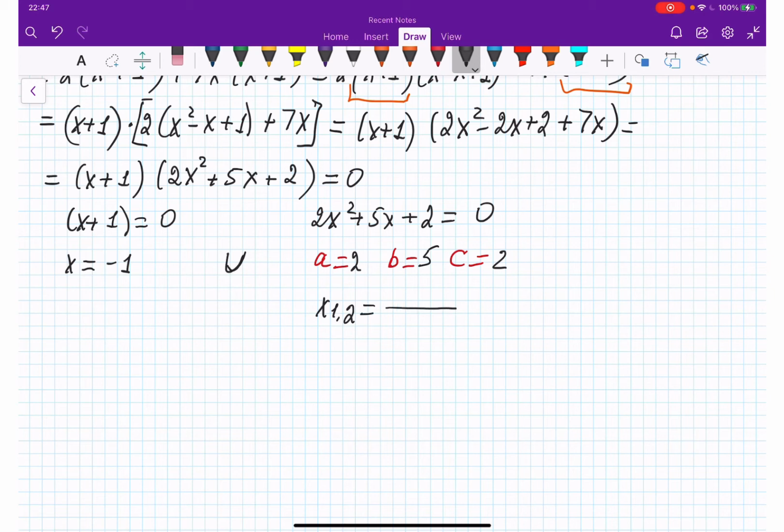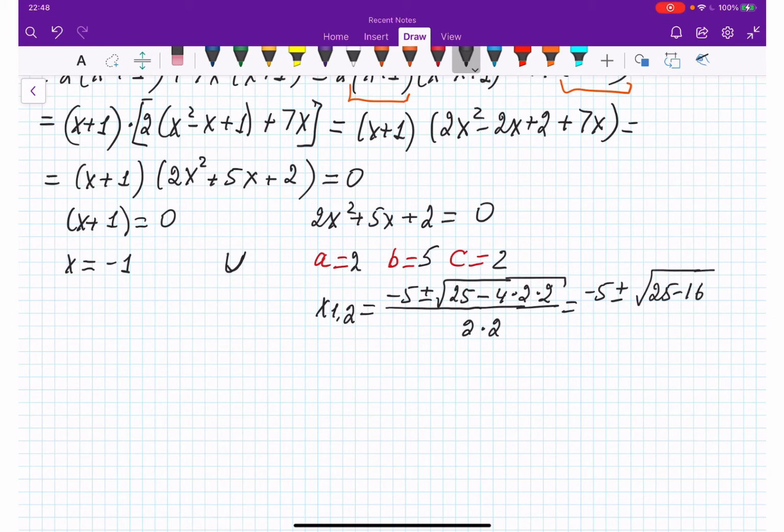x1,2 is equal to negative B, which is going to be negative 5, plus minus square root of B squared, which is going to be 25, minus 4 times A times C, divided by 2A. And from here we get negative 5 plus minus square root of 25 minus 16 over 4.